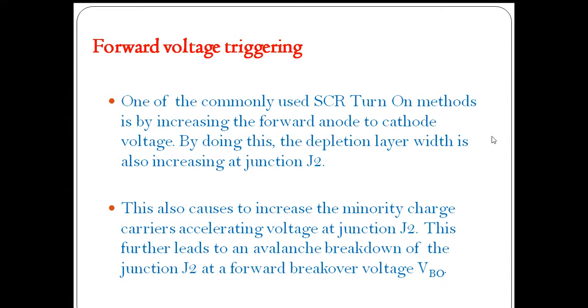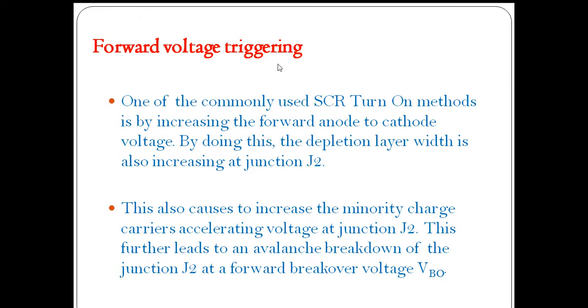When we increase the forward bias supply voltage, the depletion layer of junction J2 increases continuously. At one stage, the junction will break down. Avalanche breakdown occurs at junction J2 and the device conducts.